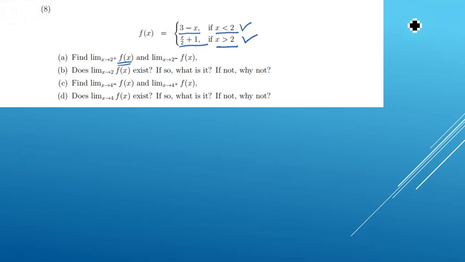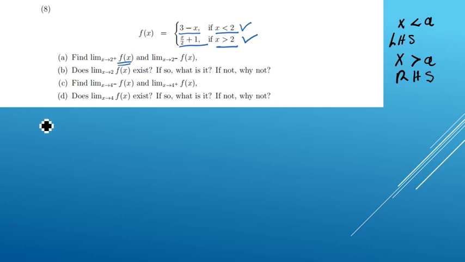Whenever we have something like x less than some number, then just know that this function is being approached from the left hand side. But whenever we have something like x greater than a, then just know that this function is being approached from the right hand side. It doesn't matter if we have an equal sign here, greater than or equal to, less than or equal to. It's just one and the same.